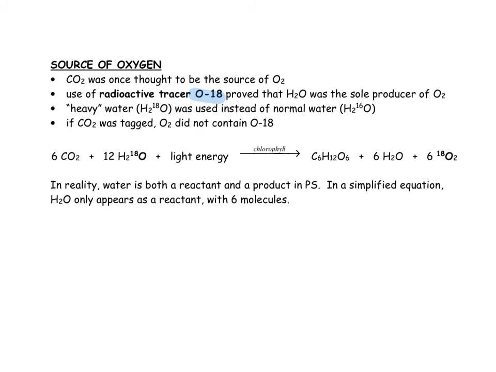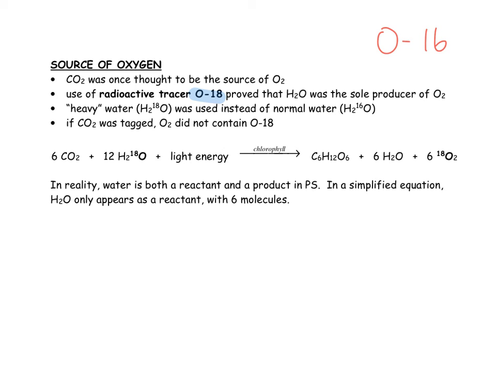You'll remember that the most common isotope of oxygen is O16, but here we're looking at a heavier version of oxygen, and that allowed scientists to trace it through the metabolic process that is photosynthesis.